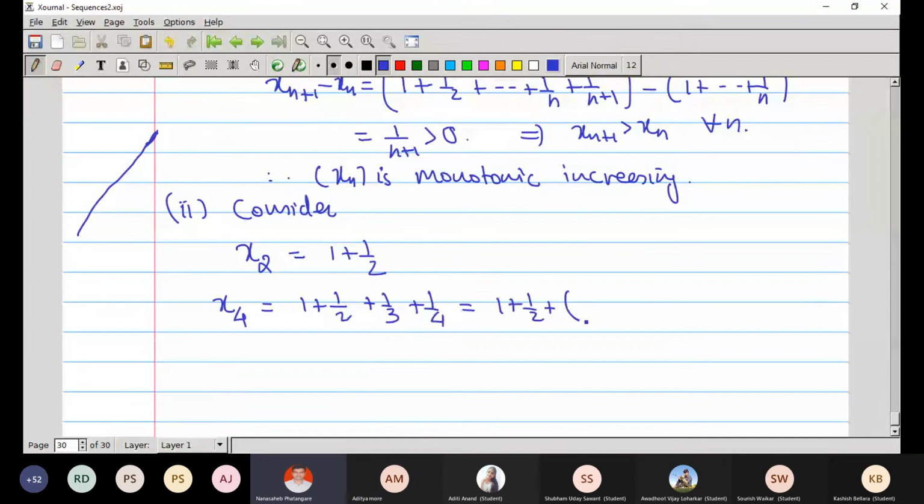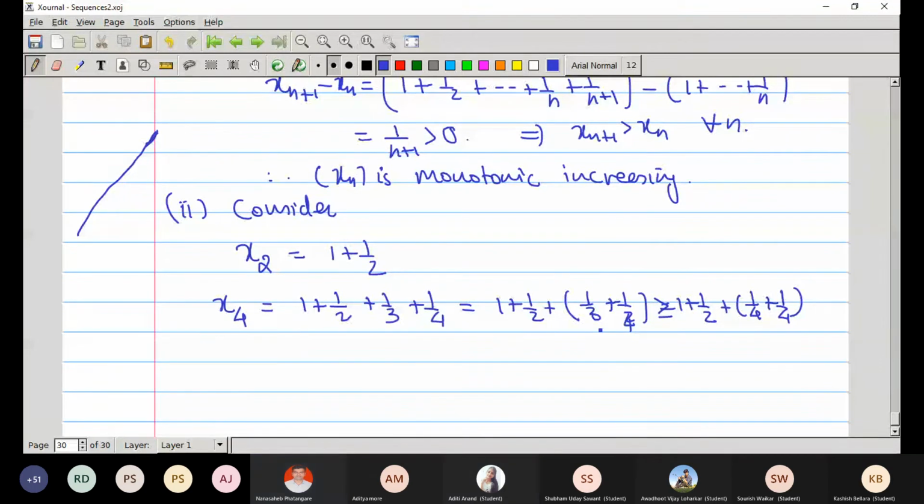Now I'll group this 1 by 3 plus 1 by 4. Which is smaller, 1 by 3 or 1 by 4? 1 by 4 is smaller. So I'll replace 1 by 3 by 1 by 4, and therefore the resulting quantity is smaller, correct?